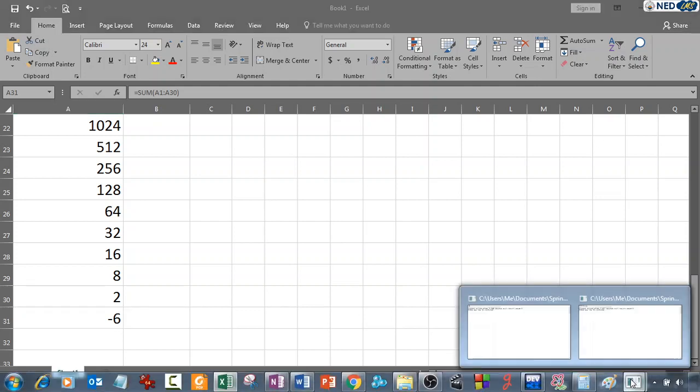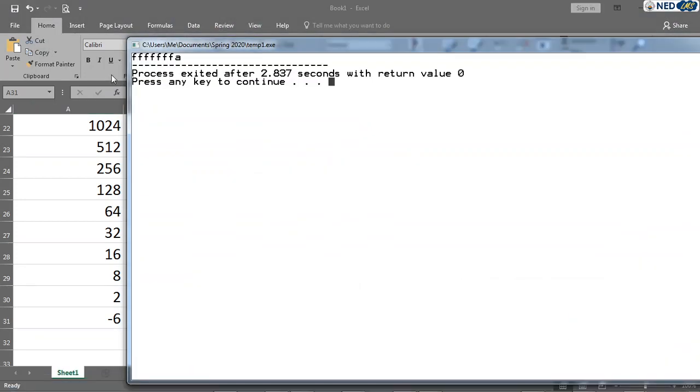So the computer represents this as the bit pattern we saw, and it actually represents -6.